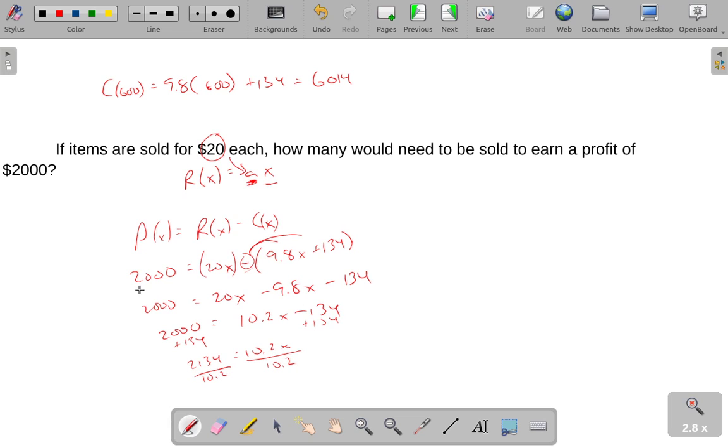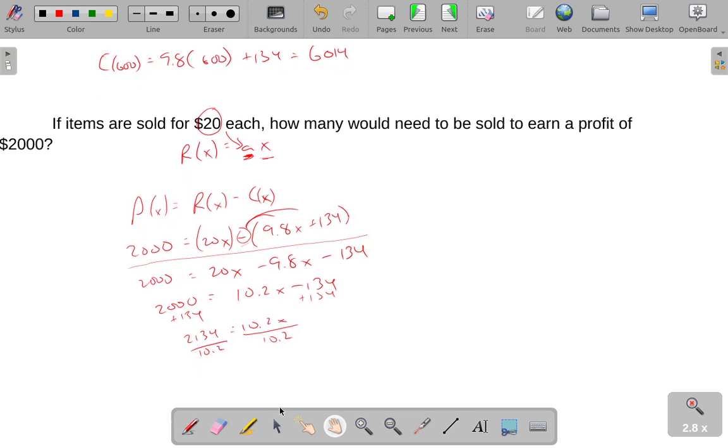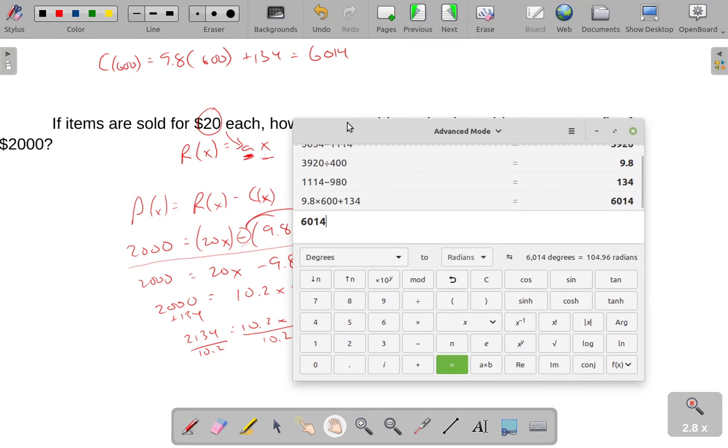You can see there is a lot of value once you set up an equation. It's just a matter of using some algebra to solve this thing. And we have 2134 divided by 10.2, which gives us 209.21.